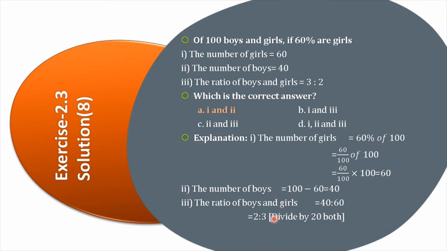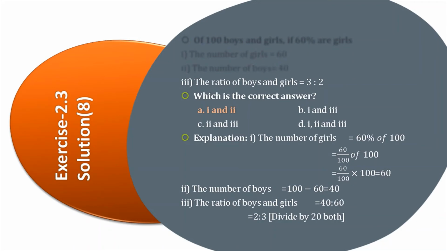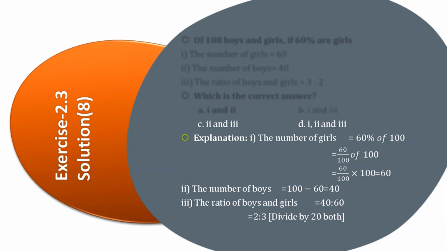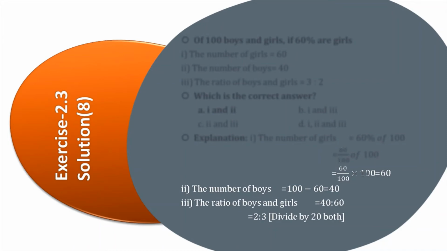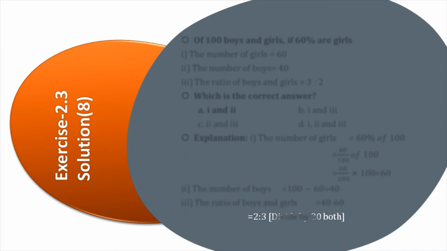So this one is not correct. So we will get the answer 1 and 2. So my dear students, this is our desired answer of solution number 8. As you can see from the explanation, number 1 and number 2 are correct, but number 3 is not correct.